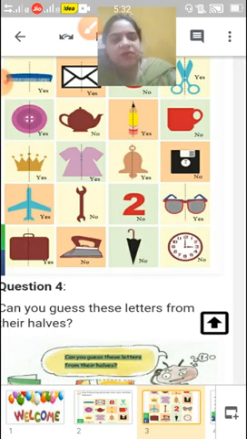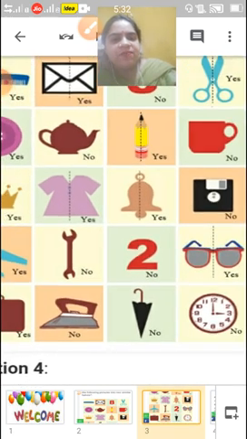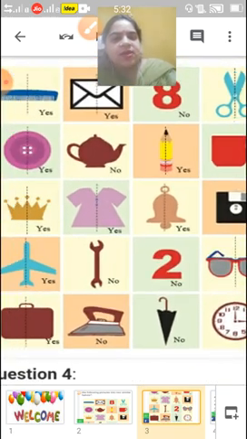Now children, for our first picture, it is a comb. That is two similar mirror halves, so it is yes. Now our next picture is a button. It is also two similar mirror halves, so the answer is yes.